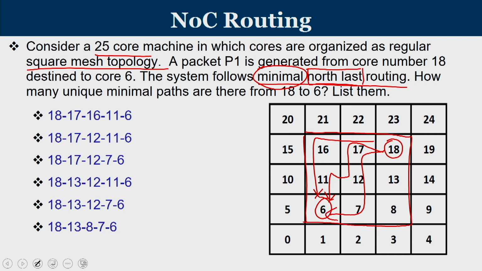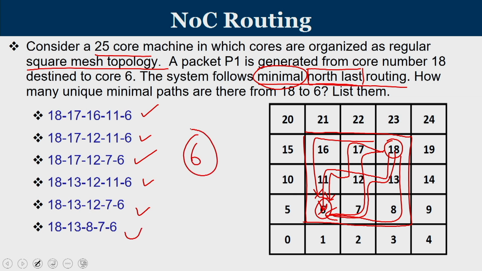Then we have a possibility like this and then the possibility is like this and the last possibility is like this. So, we have 6 options: 18, 17, 16, 11, 6; 18, 17, 12, 11, 6; 18, 17, 12, 7, 6; 18, 13, 12, 11, 6; 18, 13, 12, 7, 6; 18, 13, 8, 7, 6. So, we have total of 6 unique paths from 18 to 6 with minimal north-last routing implemented.